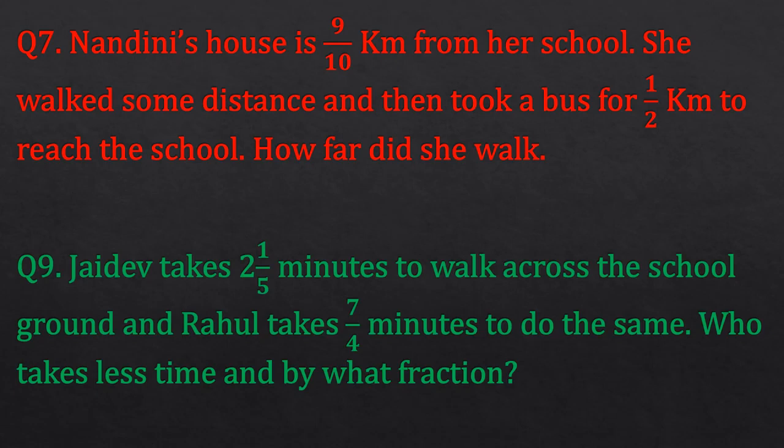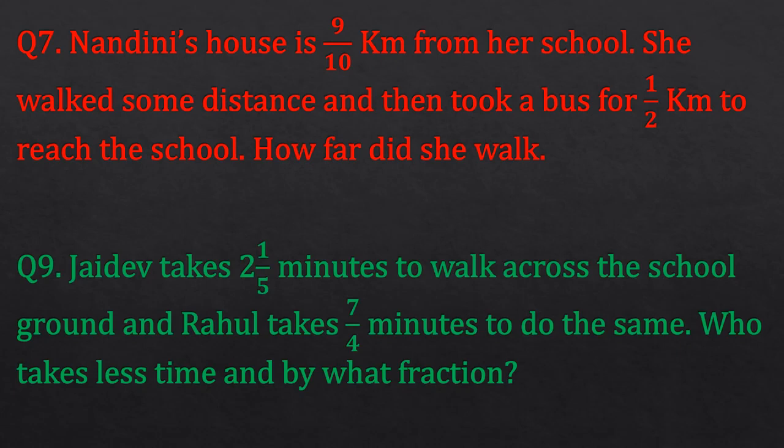To walk across the school ground means to move from one corner to the other corner. He is crossing the school ground. Who takes less time and by what fraction? Now see, in this question it is asked who takes less time.